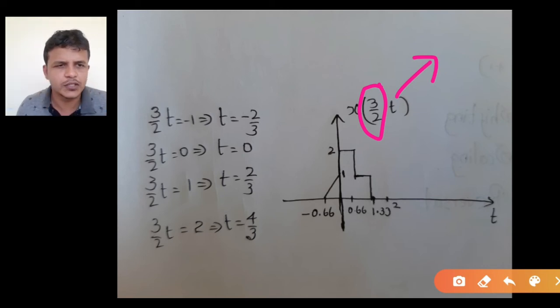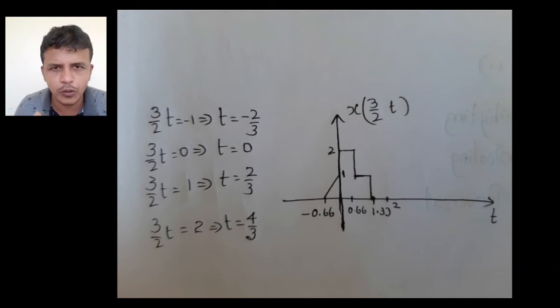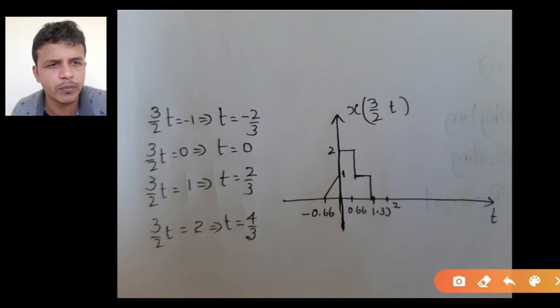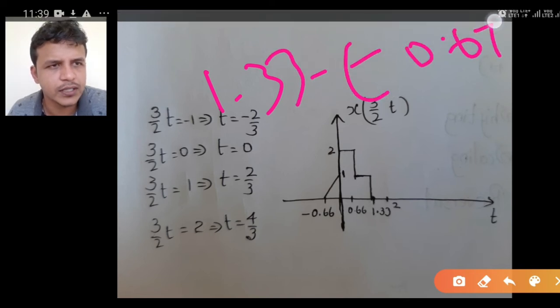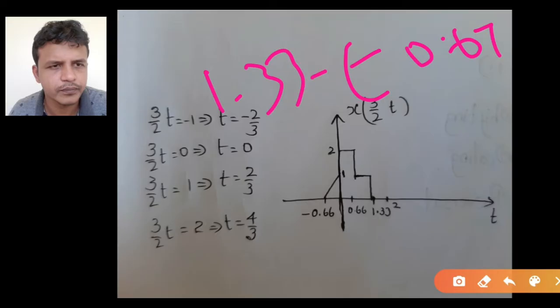Okay, so between -0.67 and 1.33, the total time duration is 2. So 1.33 minus of -0.67, the total time duration is equal to 2.